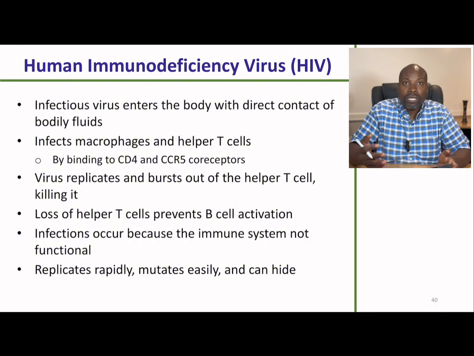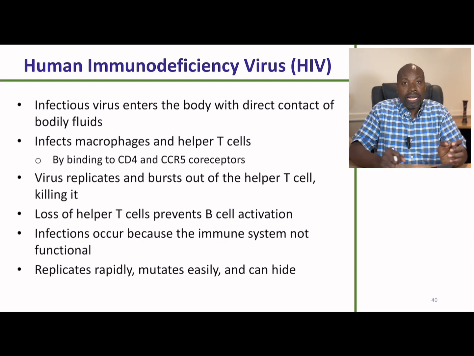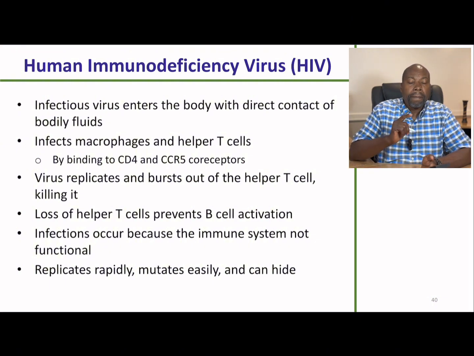What do we mean by direct contact? Body fluid from one person who is infected to another person, in terms of body fluid, and this is at a blood level, right? And sexual intercourse, right?